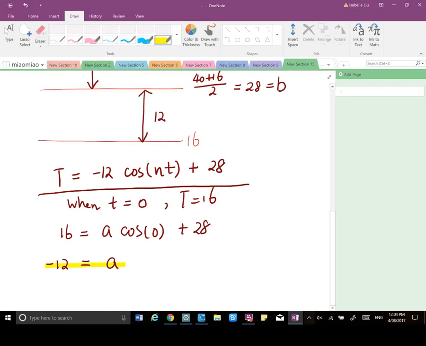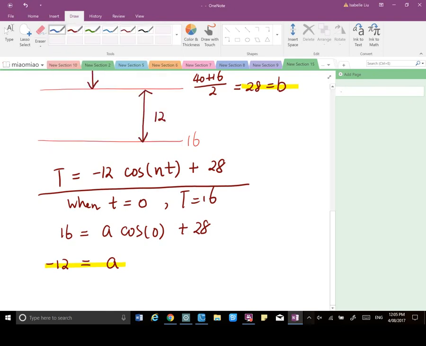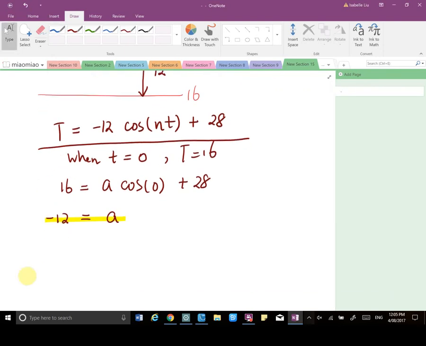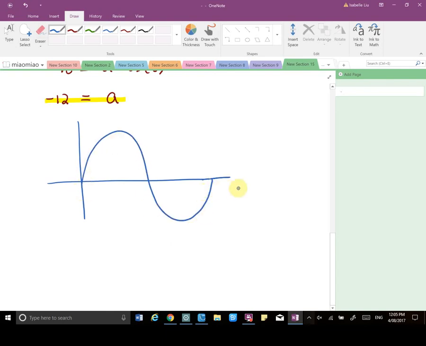Okay, A is negative 12, B is 28, and we'll look for the last one, the N value. I just draw a random sine graph or cosine graph, it doesn't matter. So I just draw a circular function graph. Let's have a think.